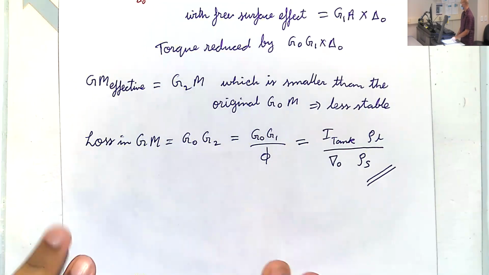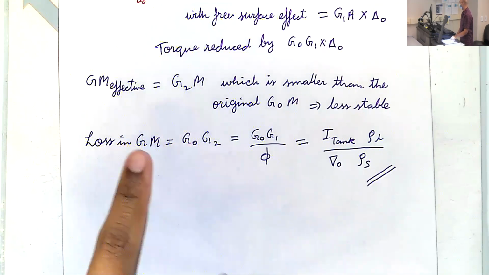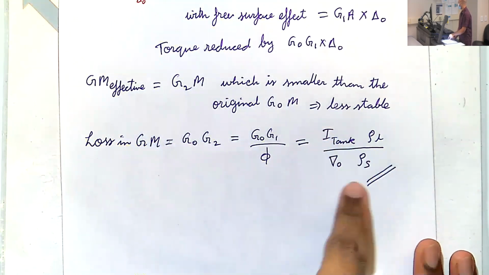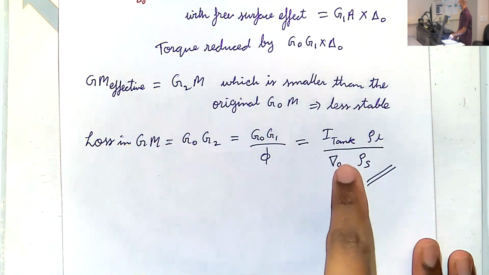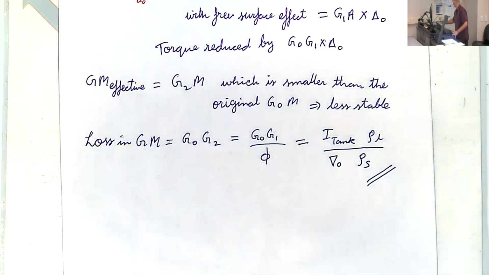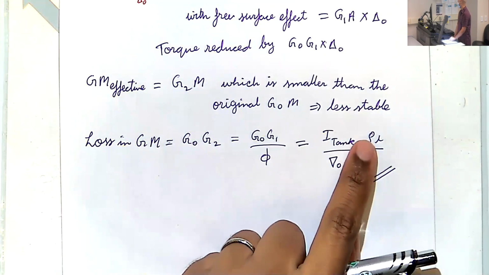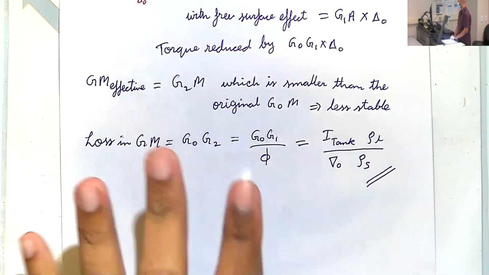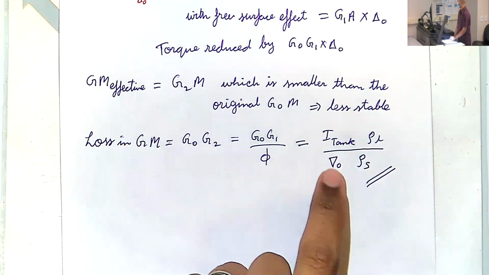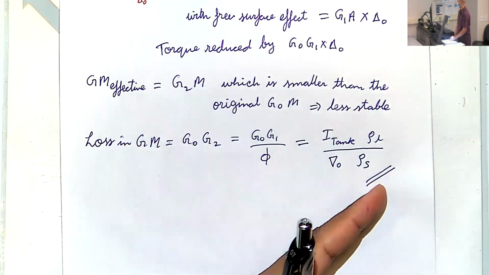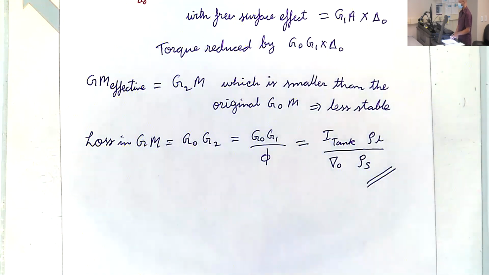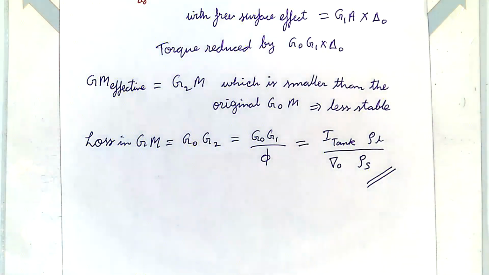Okay, so this loss in GM, now we know it depends on certain parameters. We can think about how these different parameters affect our stability. So what do you say? If we have a container with a very dense liquid versus a very light liquid, which one is worse? Dense liquid. Because?